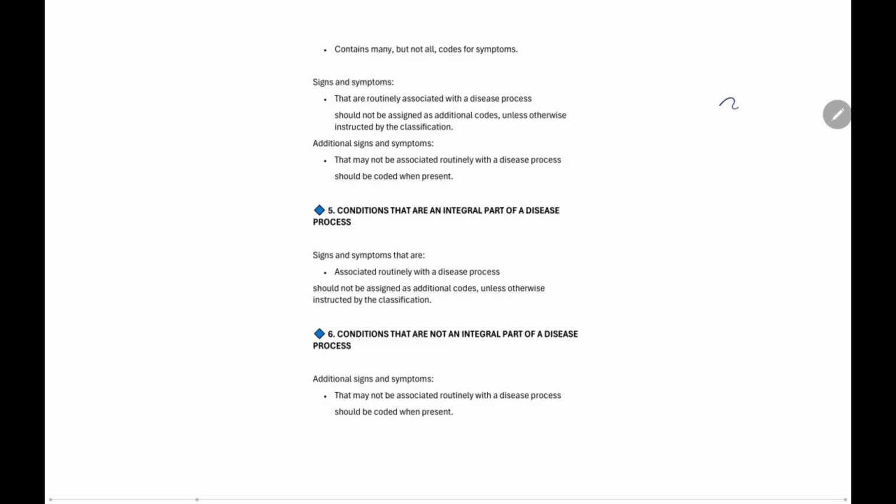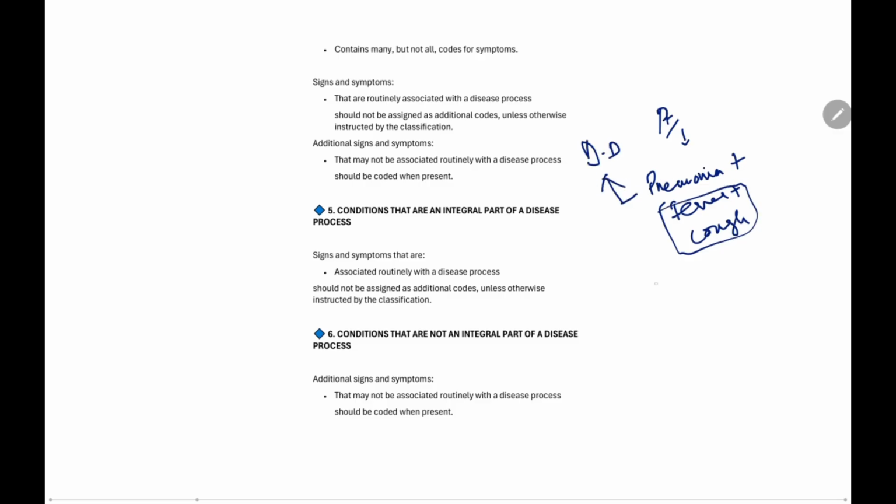In the first scenario we have no confirmed diagnosis, but if there is a confirmed diagnosis, for example, the patient is admitted with pneumonia plus fever plus cough, at that time you don't have to mention these signs and symptoms, but you can mention the definitive diagnosis. So this is another scenario.